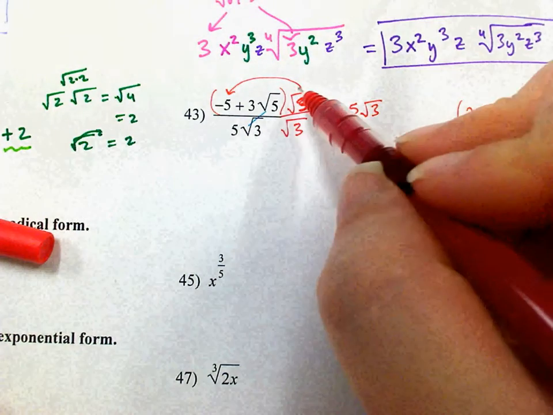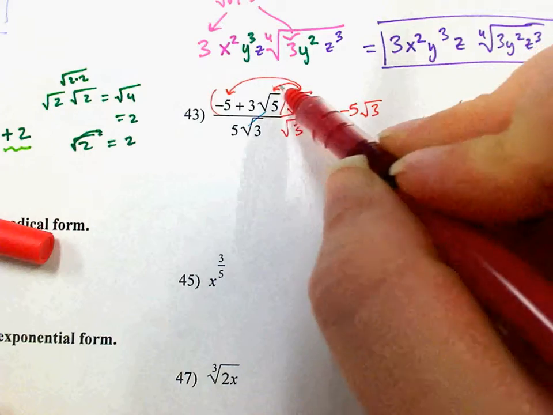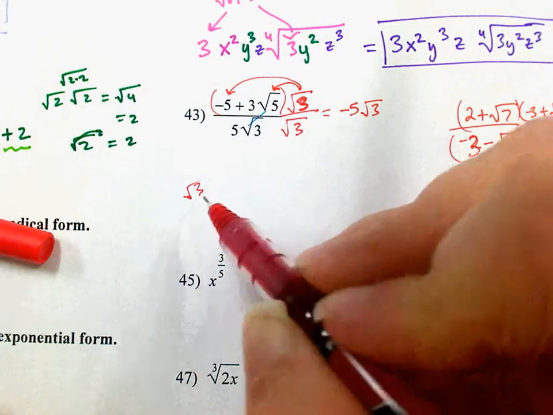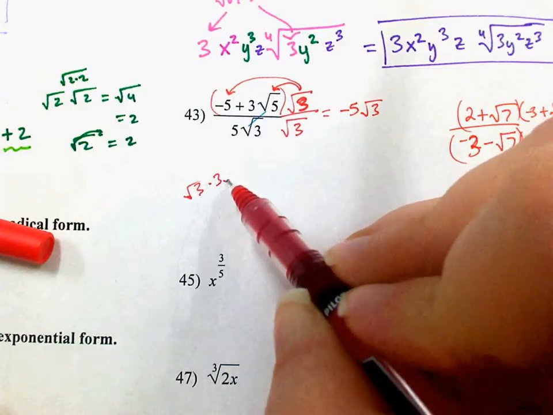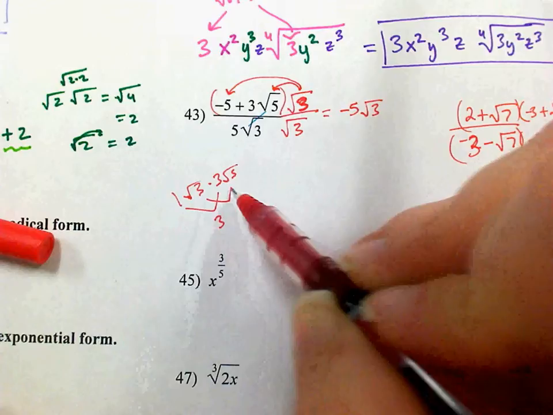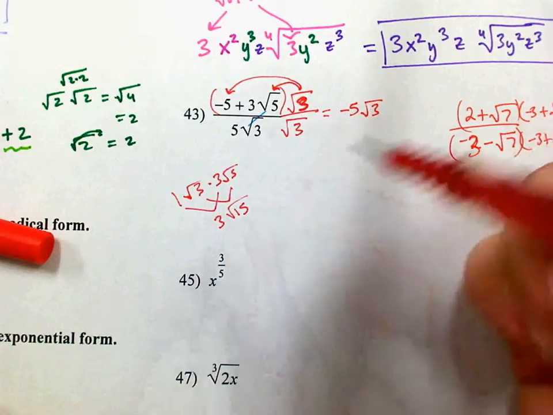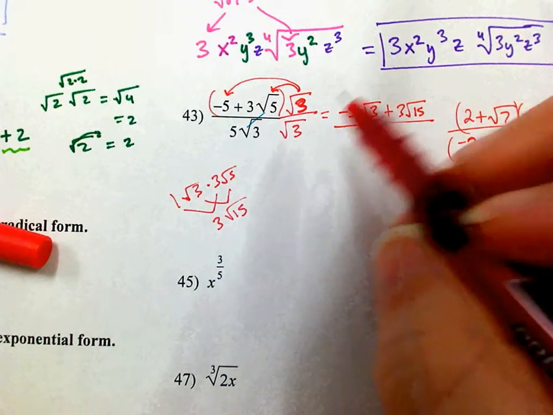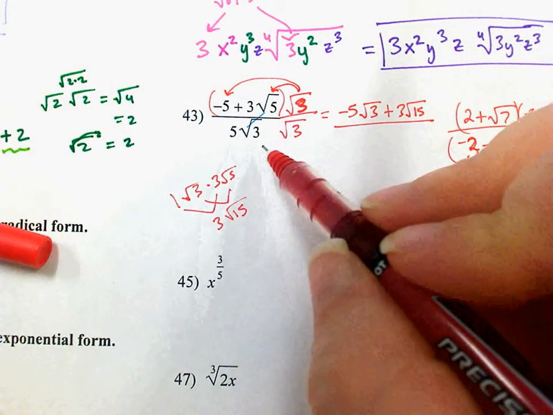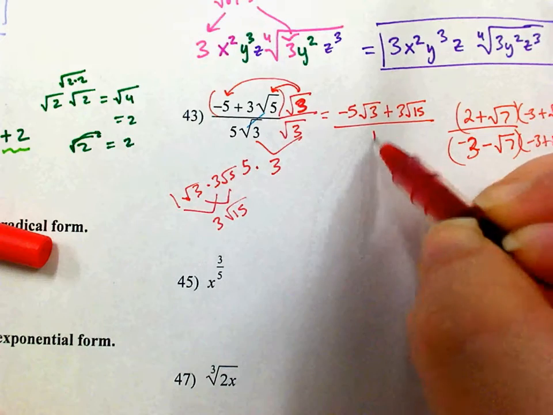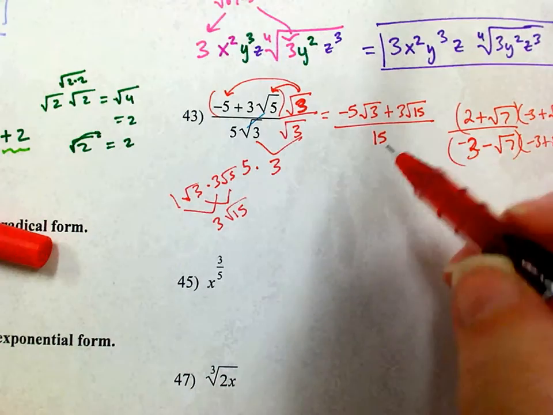And square root of 3 times 3 square roots of 5 is just the numbers in the front multiplied times each other, and then the numbers inside the square root multiplied times each other. So plus 3 root 15 over 5 times the square root of 3 times the square root of 3. Well, square root of 3 times square root of 3 is just 3, and 5 times 3 is 15. So this is my final answer.